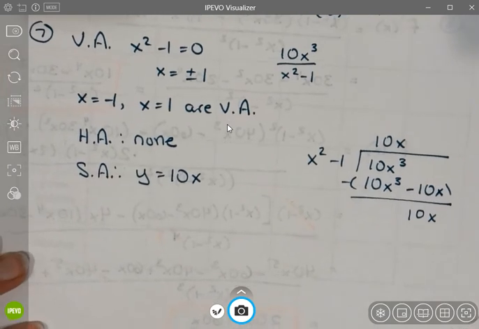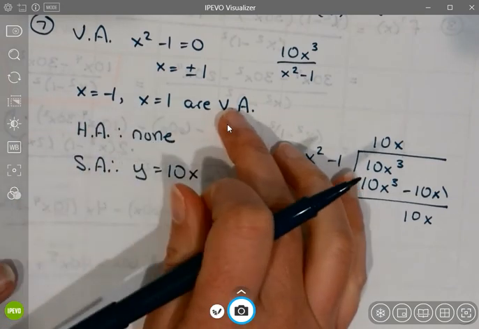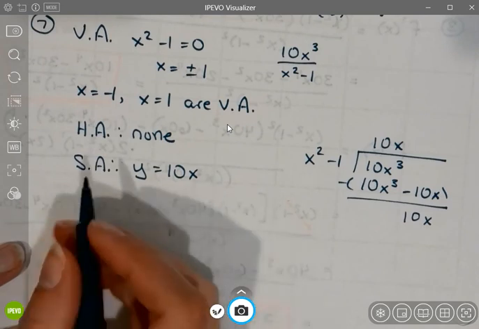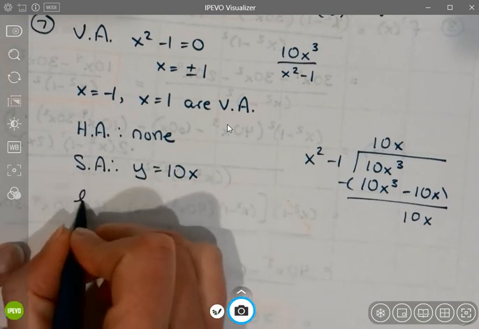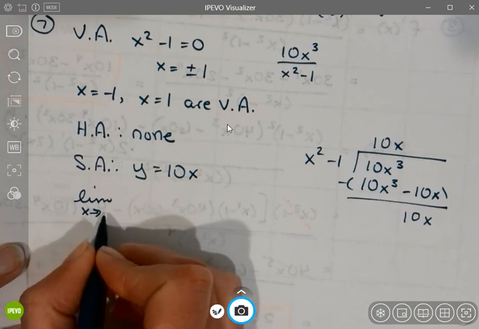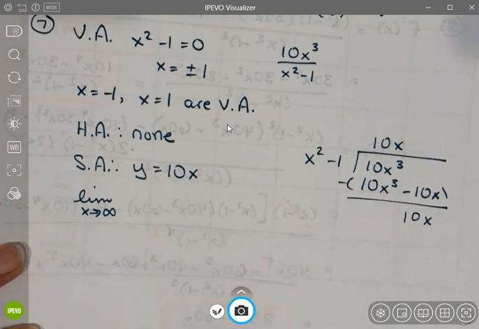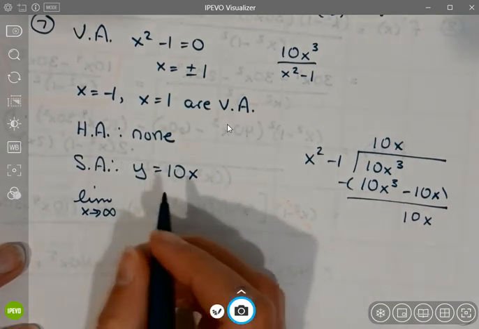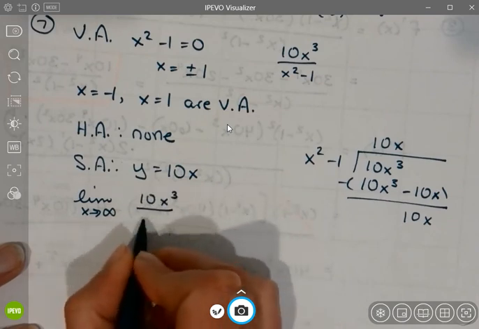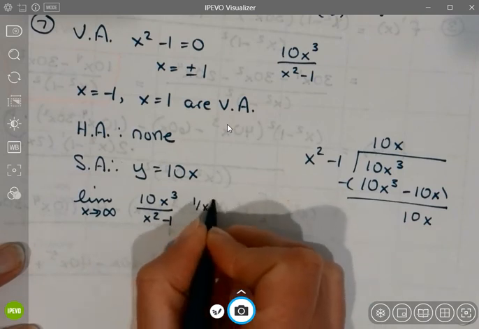Okay, so for now that takes care of the asymptotes. I've got 2 vertical and 1 slant. I can also talk about the end behavior. So if I look at the limit as x approaches infinity, I know it's going to go infinite because there is not a horizontal asymptote, but I don't yet know if it goes positive infinite or negative infinite. So if I look at the 10x cubed over x squared minus 1, and we use the 1 over the highest power technique.